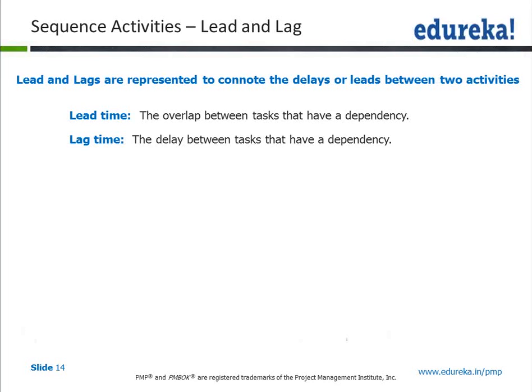Now requirements document preparation takes 1 month. Design document preparation takes another 2 months. Now requirements document preparation to design document preparation, you can put a finish to start relationship.